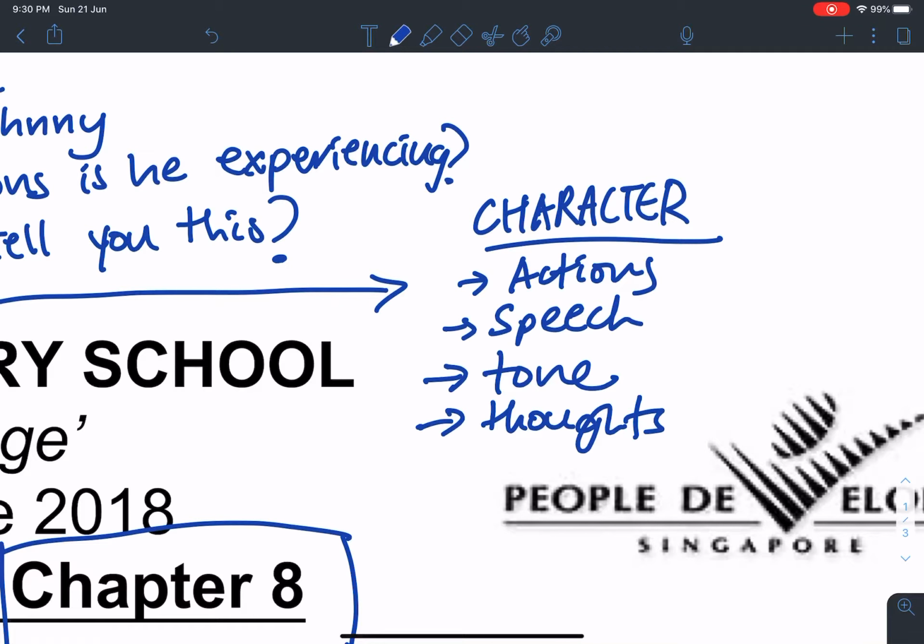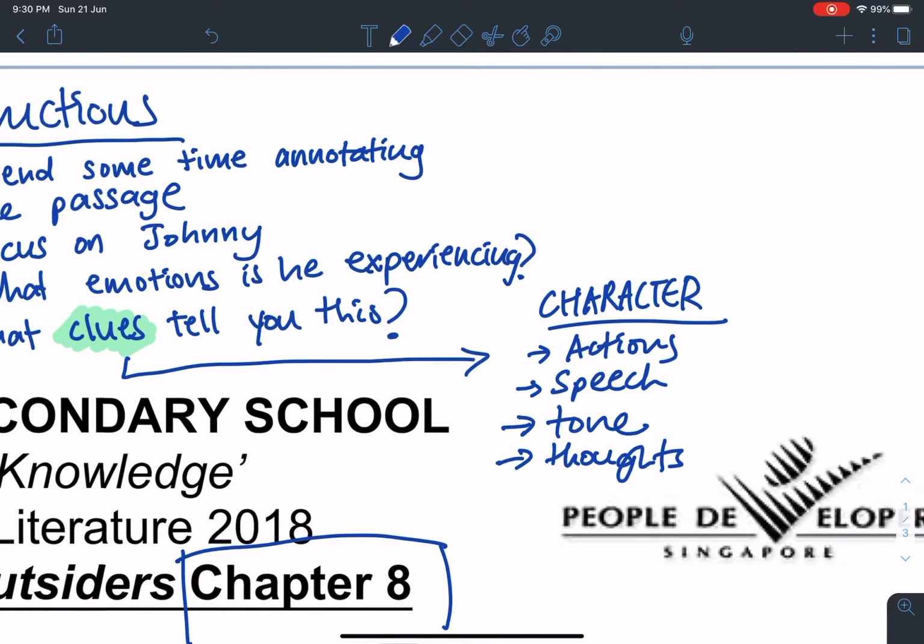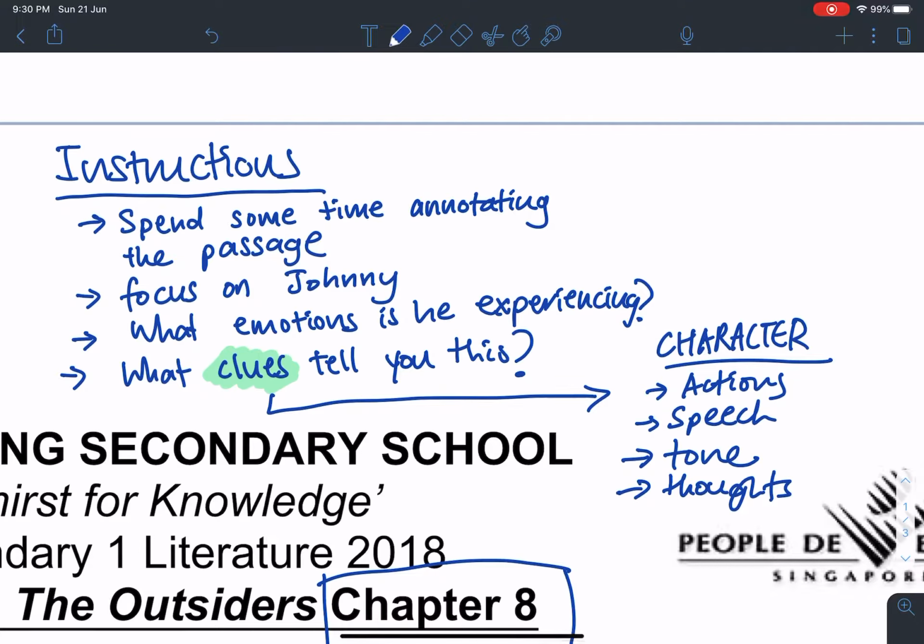So take a few minutes, I would say 2 or 3 minutes, to highlight all the clues which tell you about Johnny. Okay, I will be going through them. So the purpose of this is so that you can check that you are annotating the same thing as me. Okay, so please pause. Once you are ready, then continue with the video.